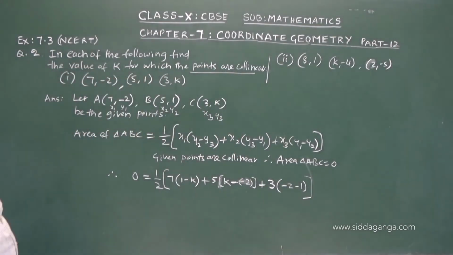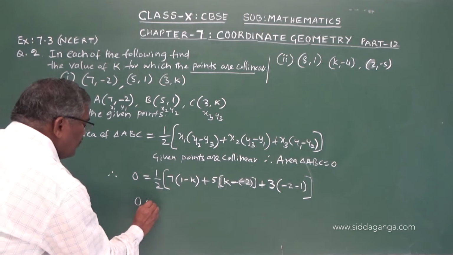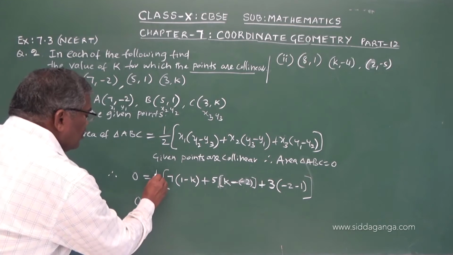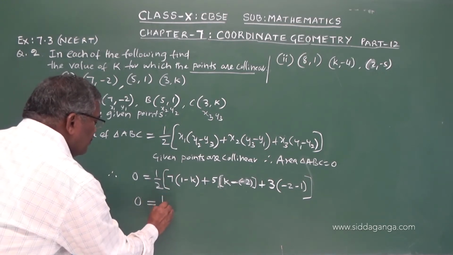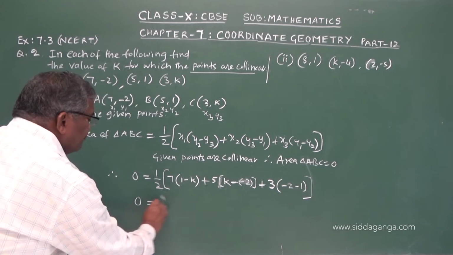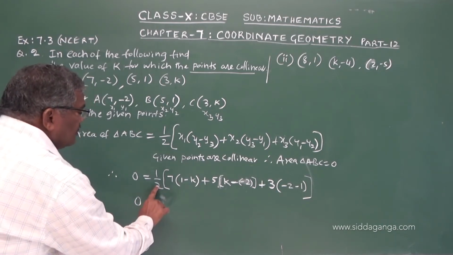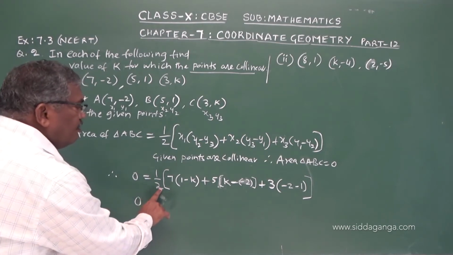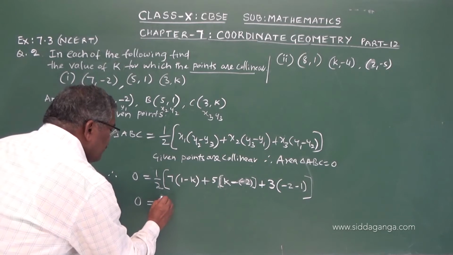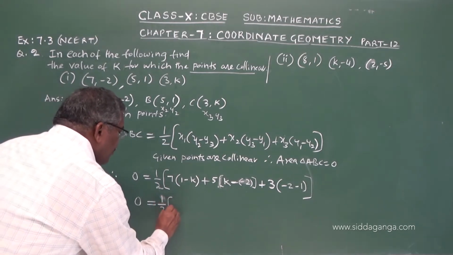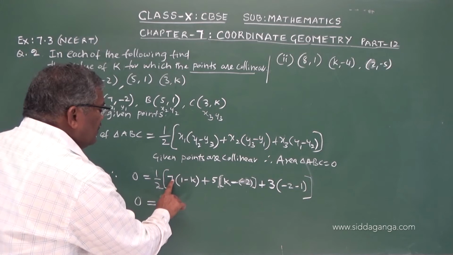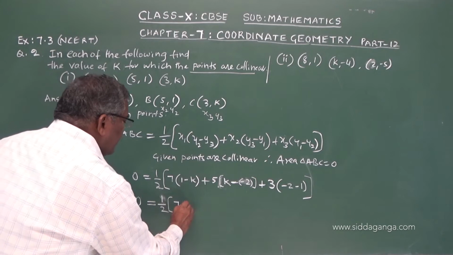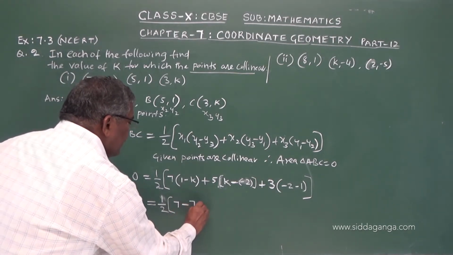Now 0 equals 1 by 2. If you multiply by 2 on both sides, the 2 vanishes because 0 into 2 becomes 0. You can leave it as it is. So 7 into 1 minus k gives 7 minus 7k.